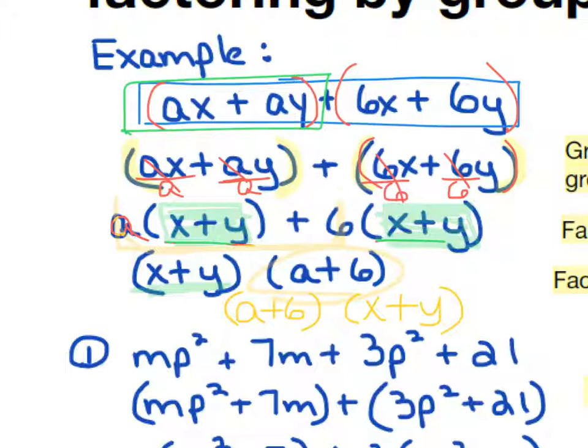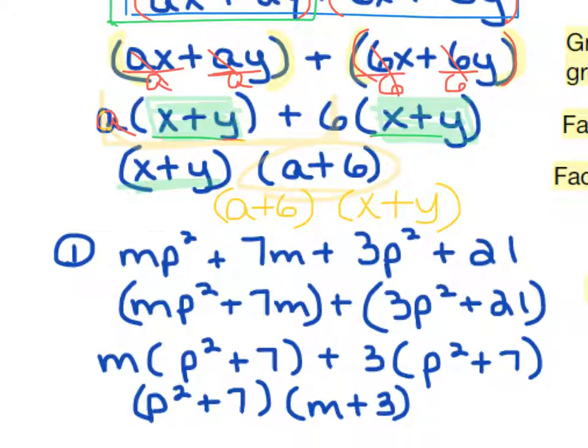The next one again, I'm going to leave it in the same order. Sometimes you have to rearrange the terms, but for both of these examples, we could have left it alone. So I'm going to, again, group the first 2 and group the last 2. Again, I'm looking for a GCF of the first 2, which is the letter M. Once I divide, I'm left with p squared plus 7.